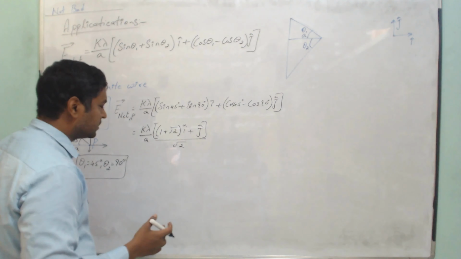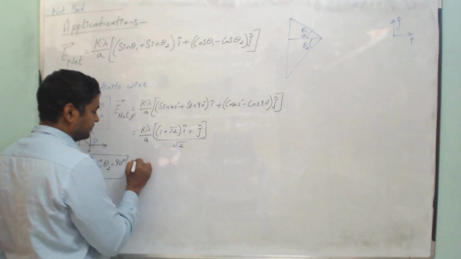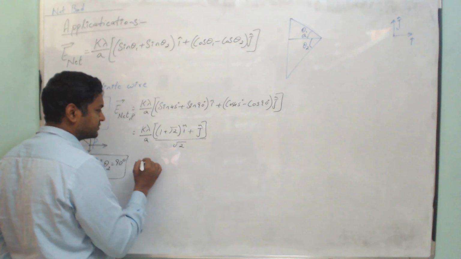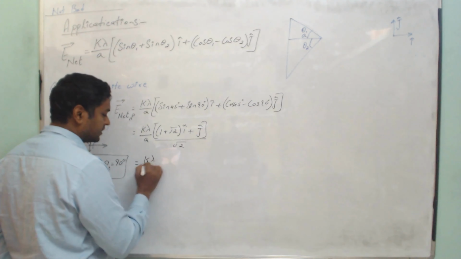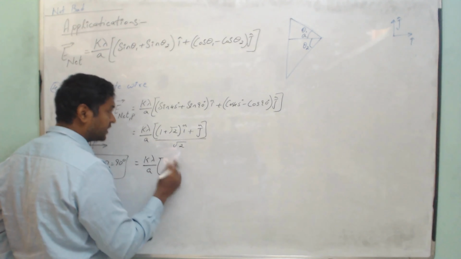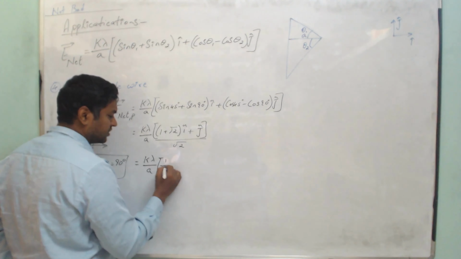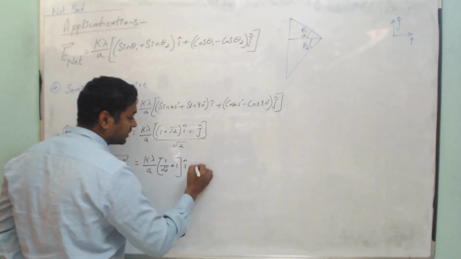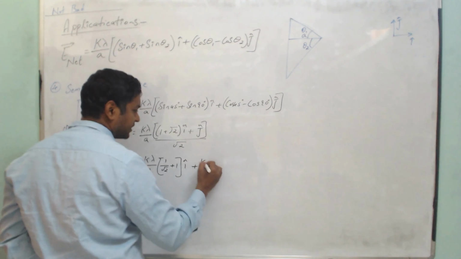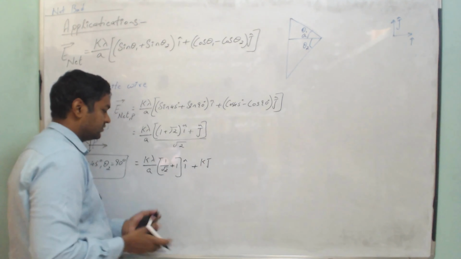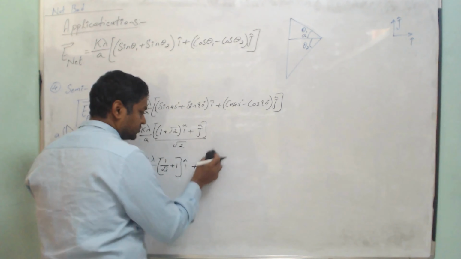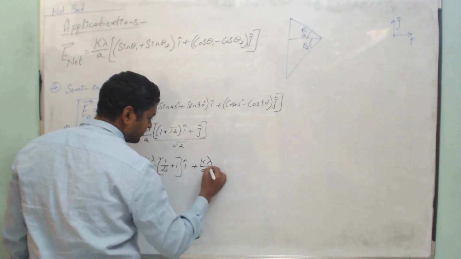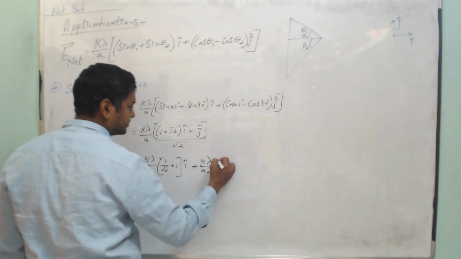So we can say that if I write it in terms of I cap, j cap separately, k lambda by a, let me write it in the original form only. However is fine, that's not the point. Identifying along I cap and j cap is the point. So k lambda by a, and I have a root 2 in the denominator, j cap, correct?